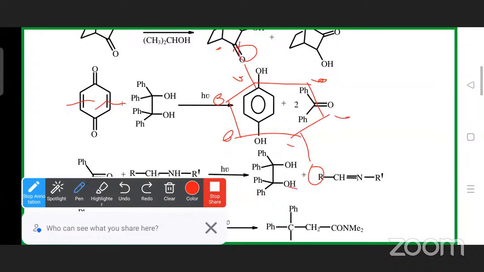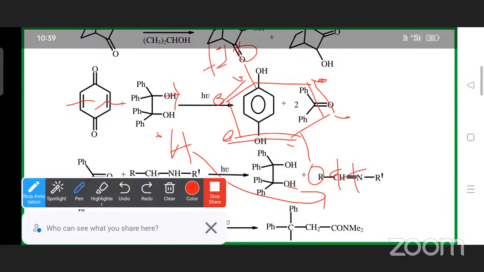Now this radical combines with this one, this radical combines with this one. Then what you get here? The benzene. And from this benzophenol, this OH bond undergoes cleavage and releases a hydrogen radical. So this hydrogen radical combines with the oxygen radical here and it becomes OH. Here also OH.